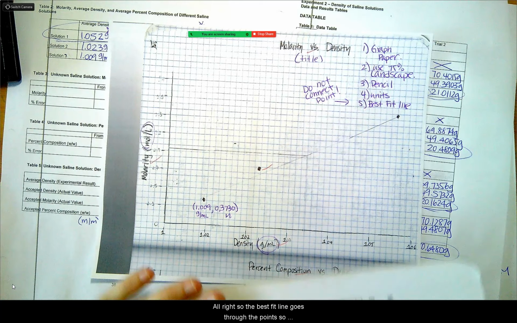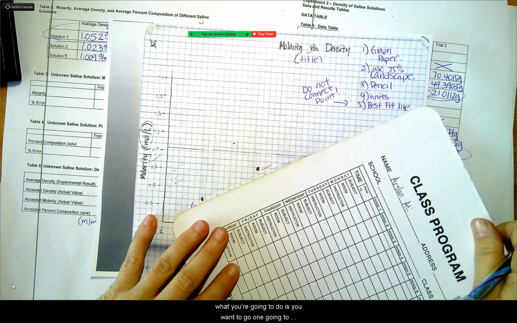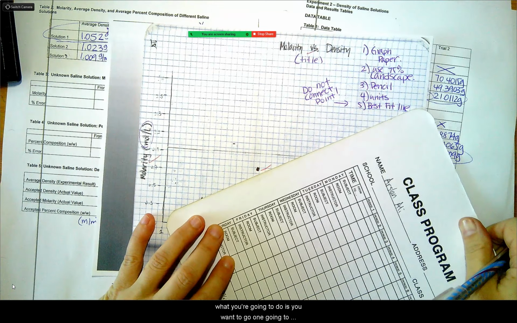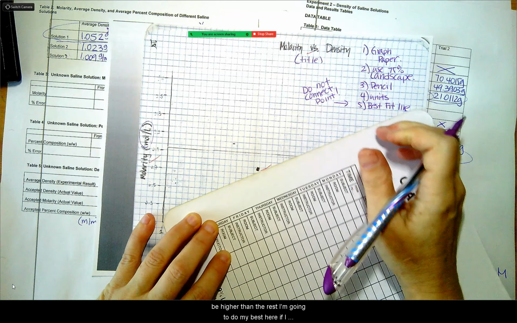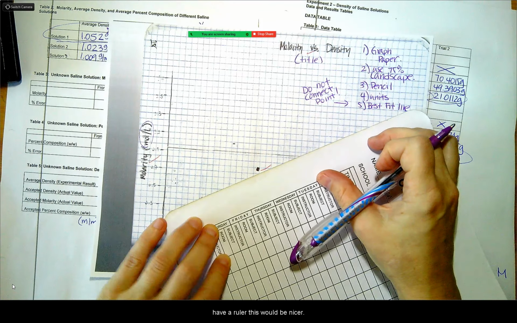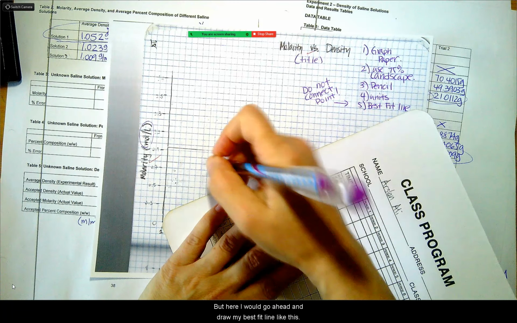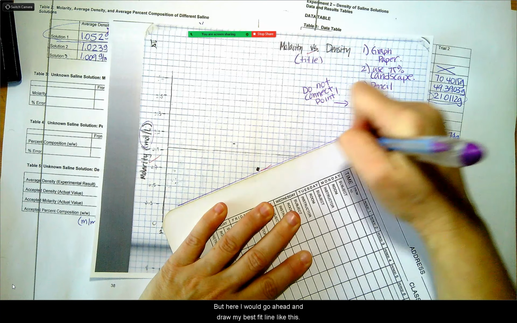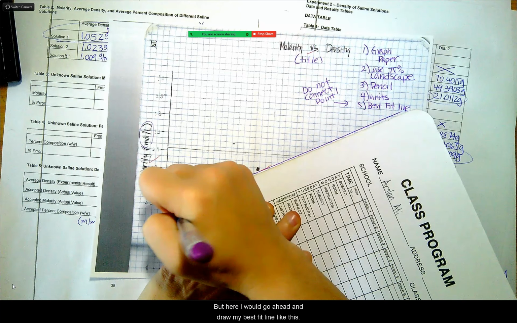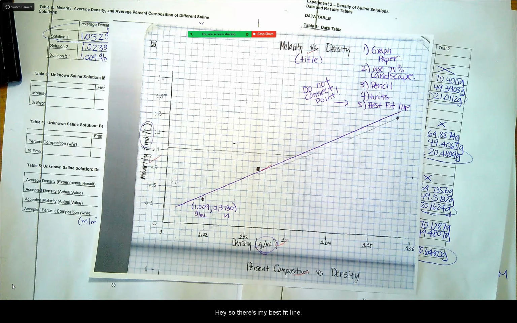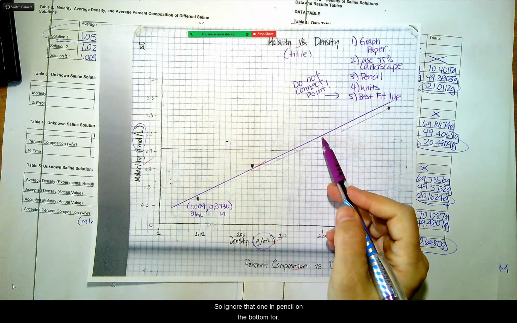All right, so the best fit line goes through the points. One's going to be higher than the rest. I'm going to do my best here. If I have a ruler, this would be nicer. But here, I would go ahead and draw my best fit line like this. Okay, so there's my best fit line. Ignore that one in pencil on the bottom for now.